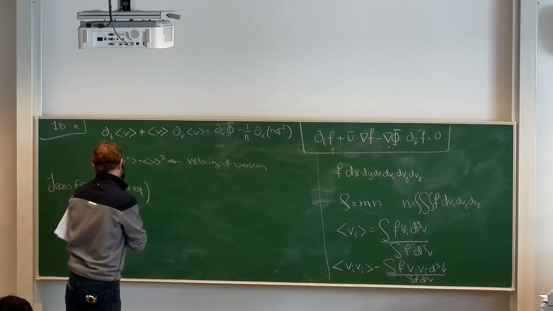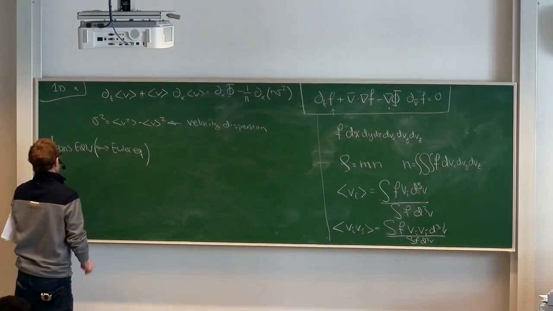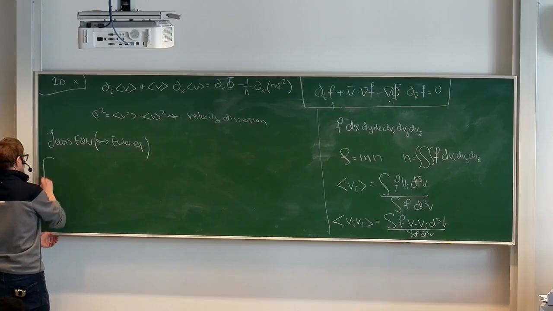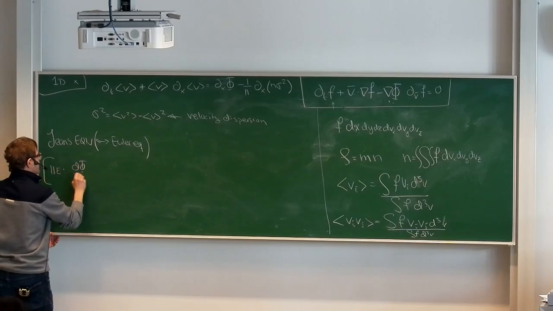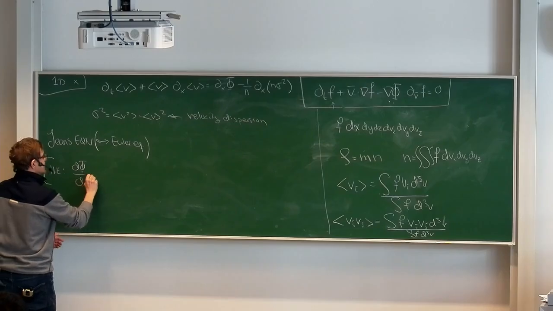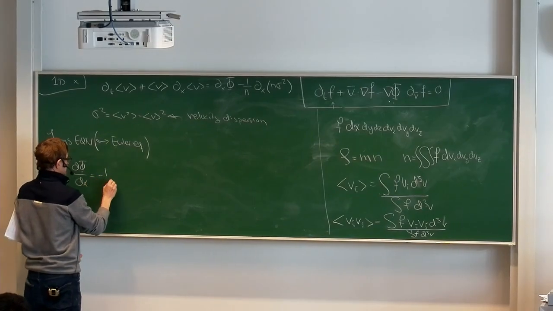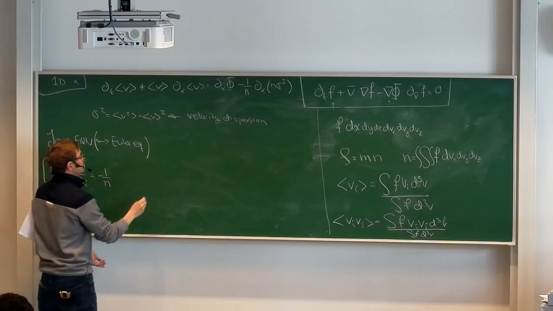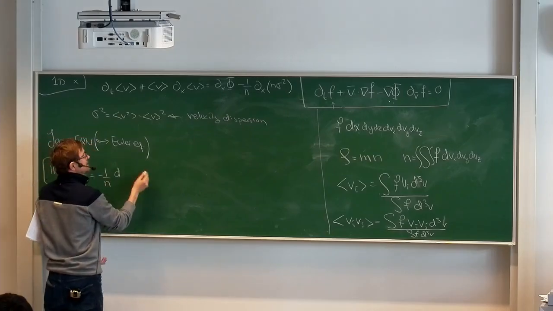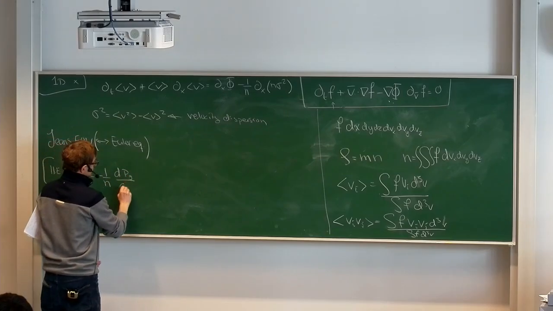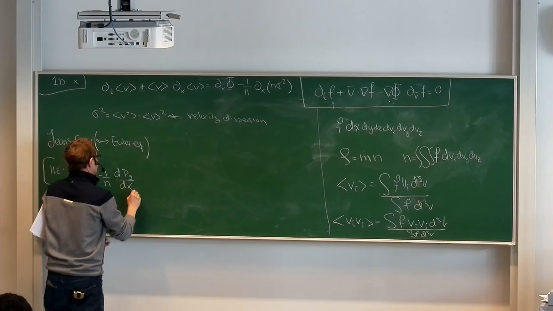So if we compare this now to what we would have in hydrostatic equilibrium, then we have dPhi/dx in this case equal to minus 1 over rho, let's just call it minus 1 over n now, and then we had the d/dx of P gas, or rather P total.